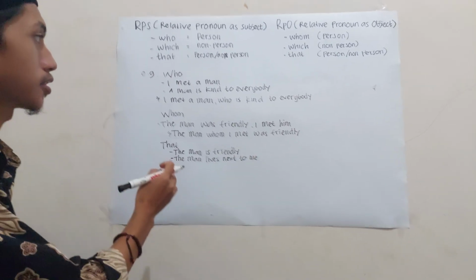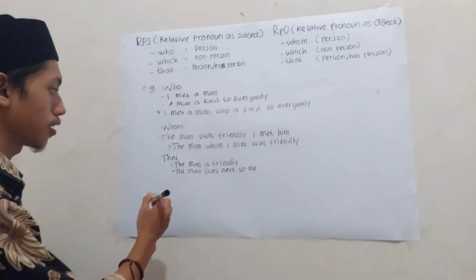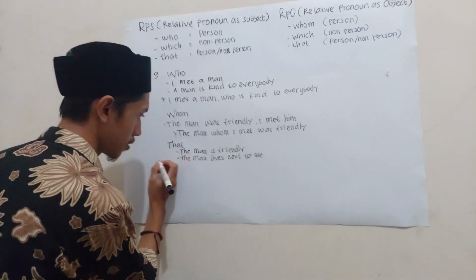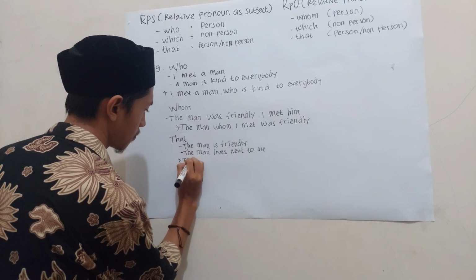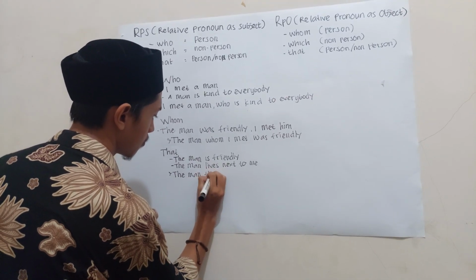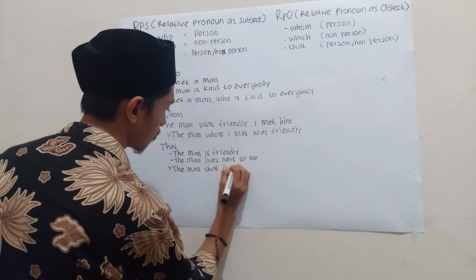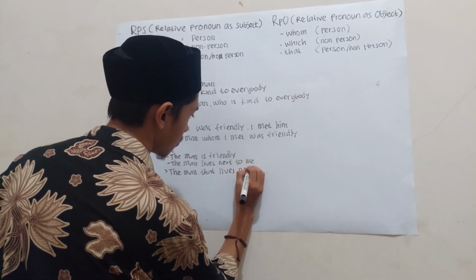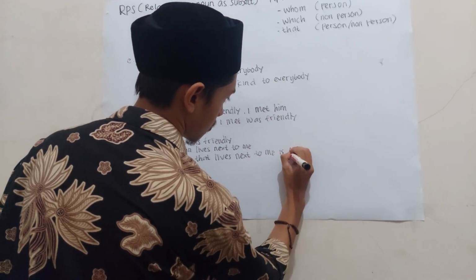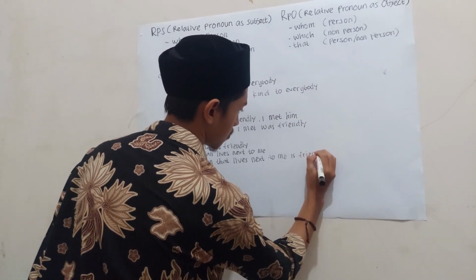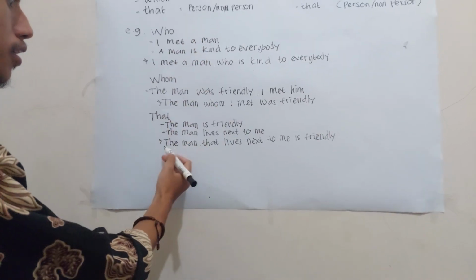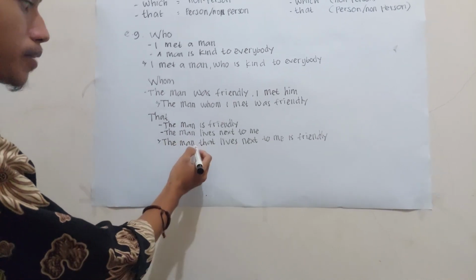When we combine these two sentences into one sentence, we can use that, like, the man that lives next to me is friendly. This is an example for a person.